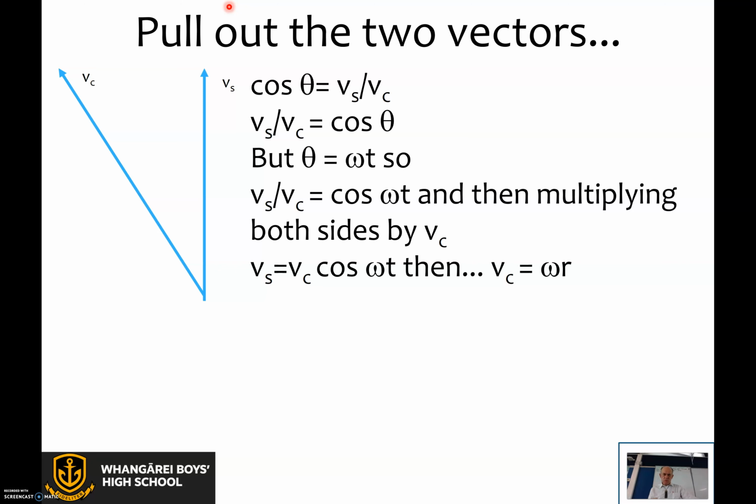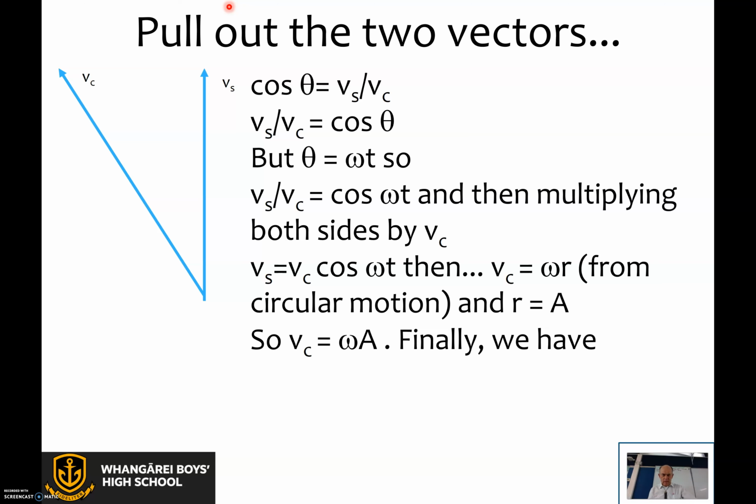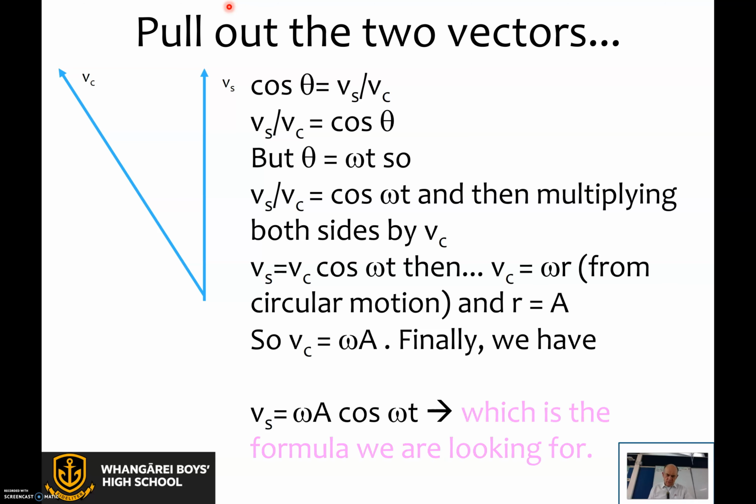But then we use Vc as omega r, that's from the circular motion stuff. And then we also know that in a reference circle in simple harmonic motion, the radius is the amplitude of the motion. So Vc equals omega a. Finally, we have Vs equals omega a cos omega t, which is what we're looking for. It's on the formula sheet, and that's where it comes from.